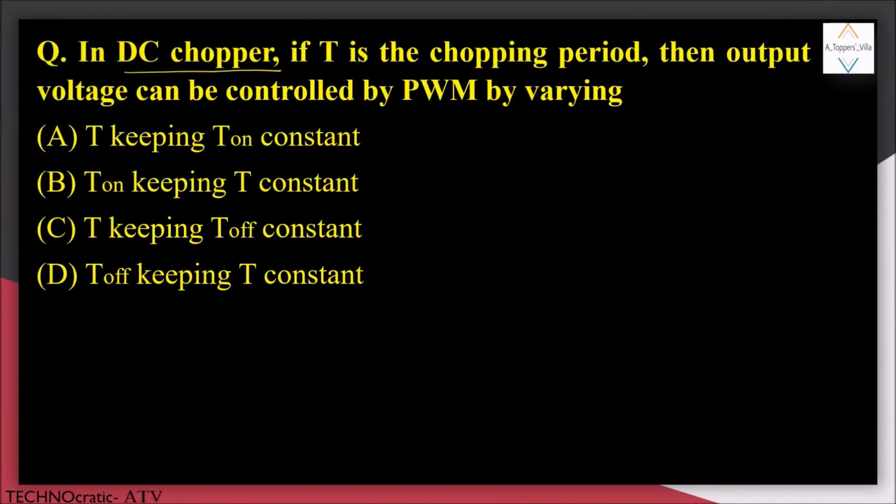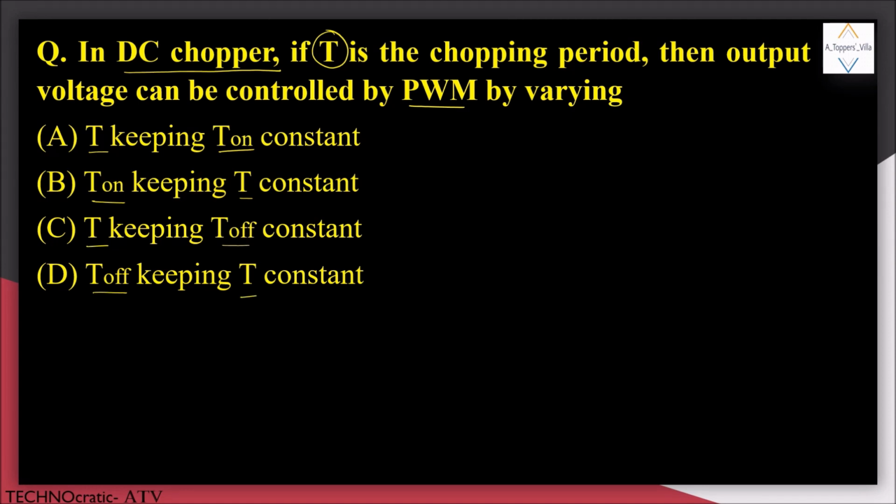In DC chopper, if T is the chopping period, then output voltage can be controlled by PWM by varying T, keeping T on constant, or by varying T on, keeping T constant, or by varying T, keeping T off constant, or by varying T off, keeping T constant.